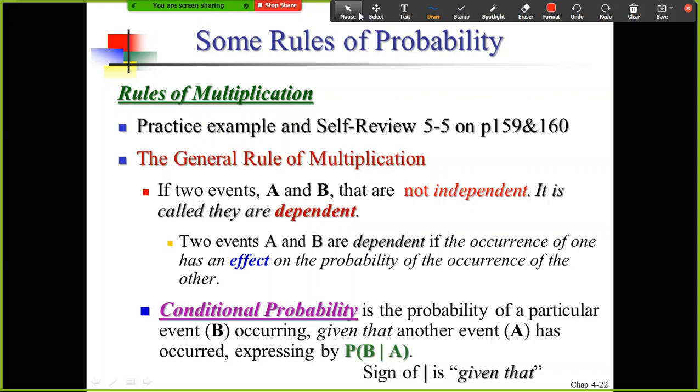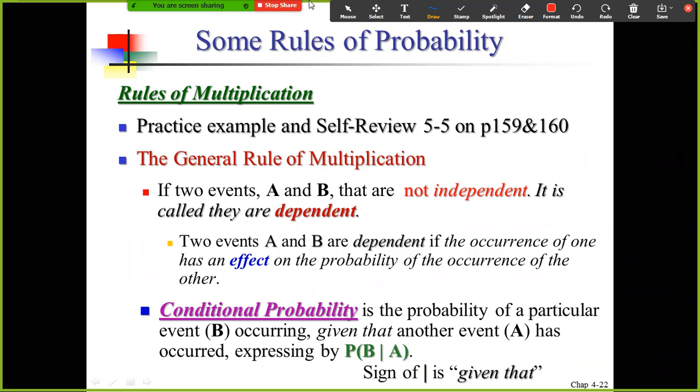I don't know why some students still like the wrong way. I hope all of you will get the right way to express conditional probability.